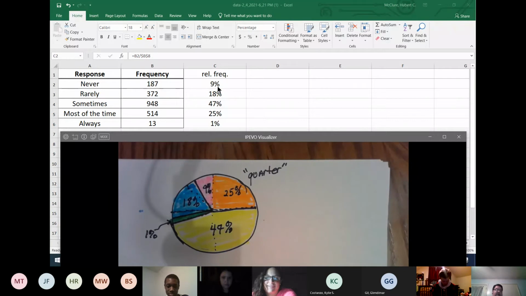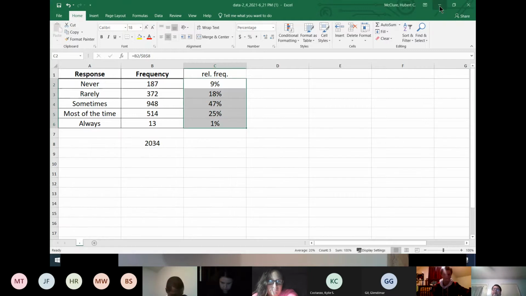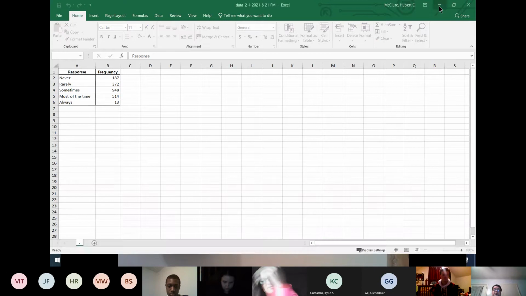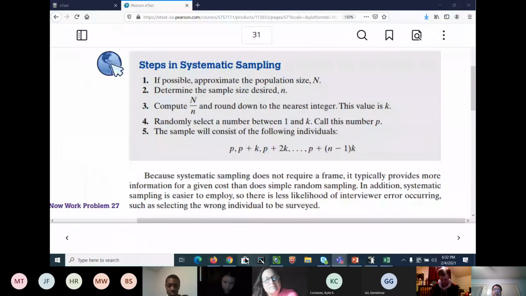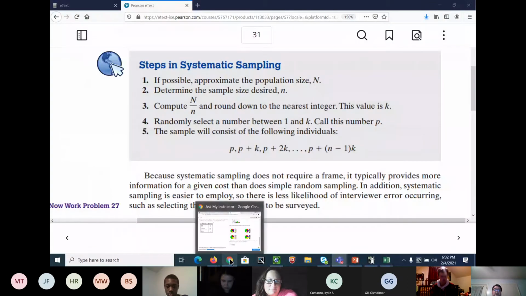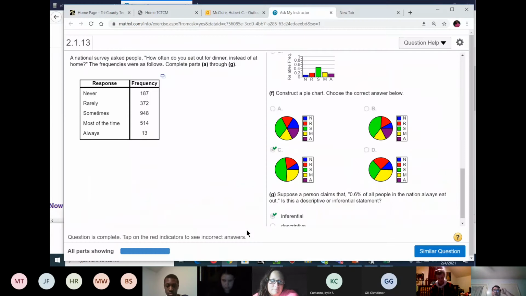Now, the reason I took time to show you this is that it's not that difficult. And on the question, they actually already draw it for you. So somebody tell me which one it is. Where is that 1%?